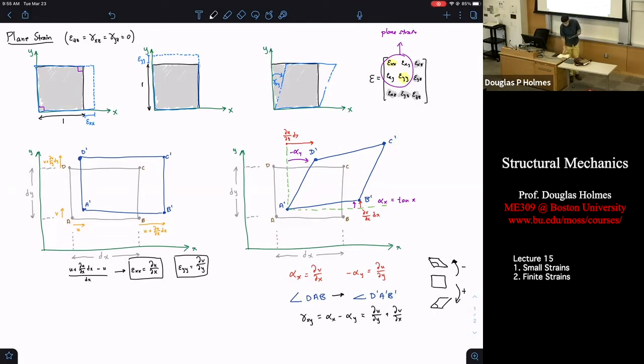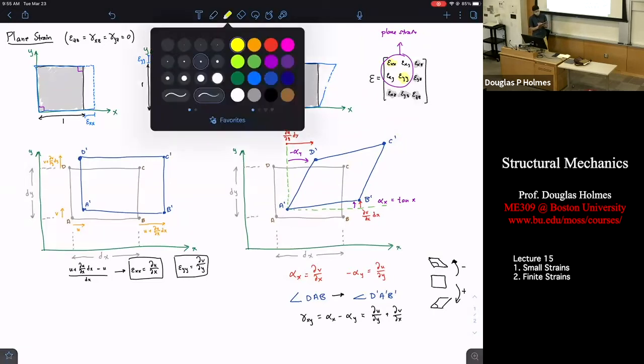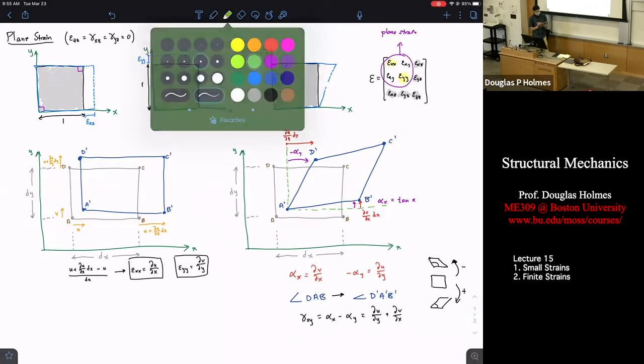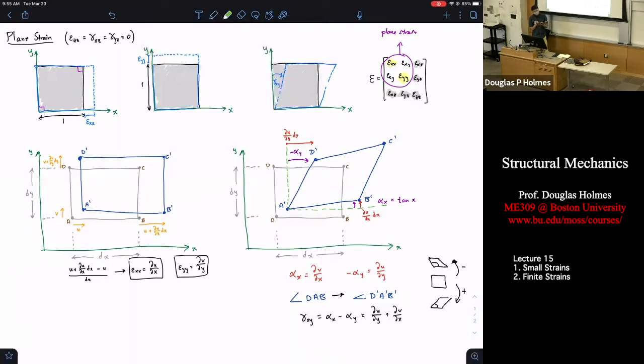So it seems like we're done, but we're not quite done. Some of you might have noticed this weird difference in notation that I'm using, which is that in my strain tensor, which is epsilon, I have epsilon xy, and down here, what we've solved for is something we're calling gamma xy.